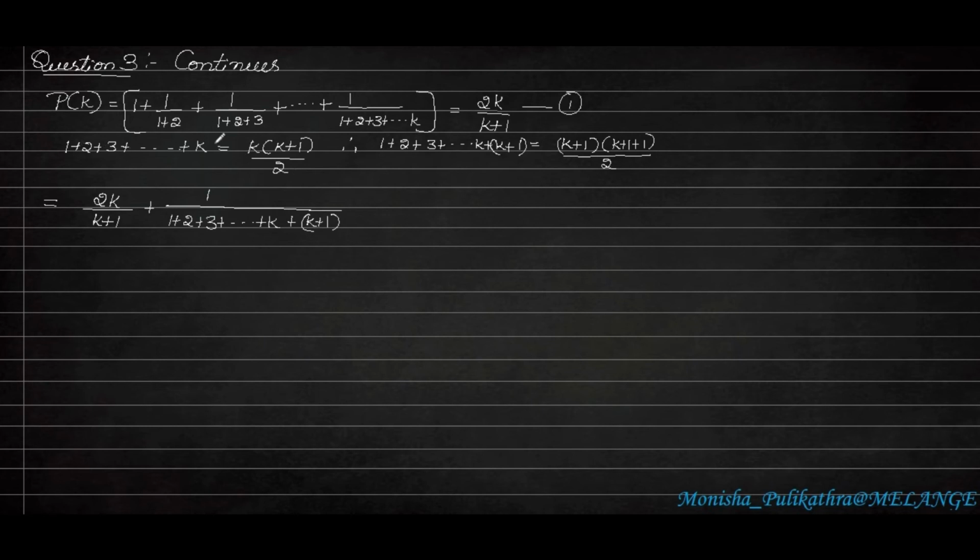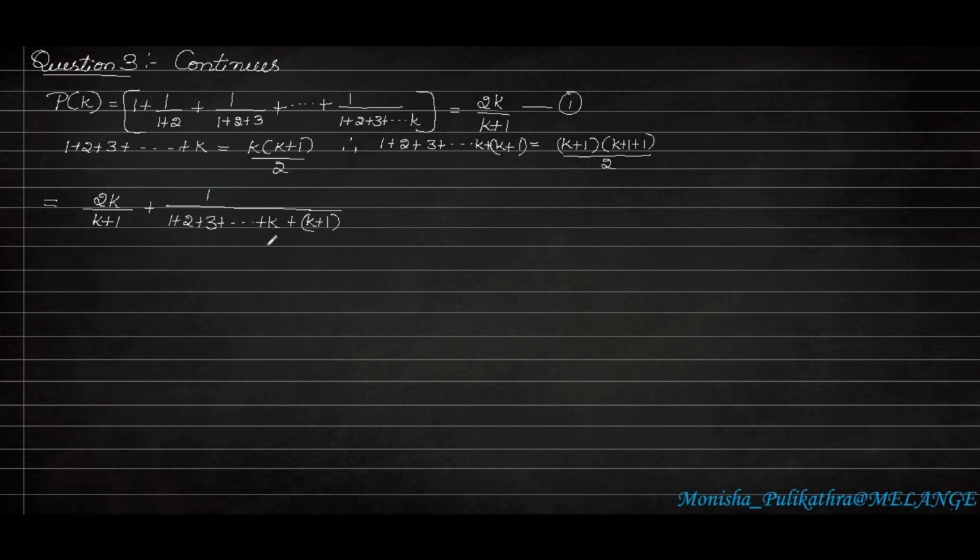So if 1, 2, 3 up to k is equal to k into k plus 1 by 2, then 1, 2, 3 up to k plus 1 will become k plus 1 into k plus 1 plus 1 divided by 2. That is, wherever k is there, we have to substitute it as k plus 1. So in the place of k, k plus 1, and in the place of k plus 1, k plus 1 plus 1, whole divided by 2. Okay, so this is the formula.